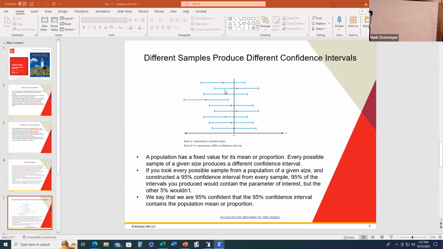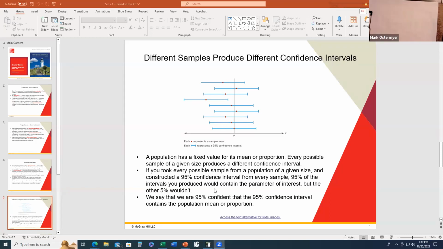So again, we run into the dilemma as to which sample mean would be the accurate assessment of what the unknown population mean would be. We don't know which sample mean is the best estimate.